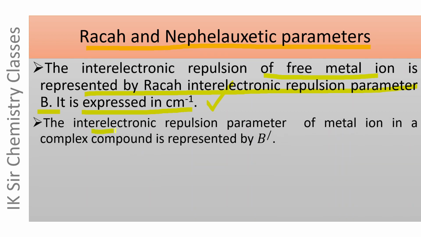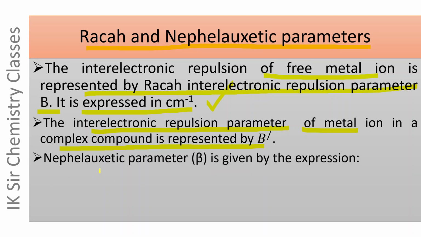The interelectronic repulsion parameter of metal ion in a complex compound is represented by B dash, and it is also expressed in the same unit, that is centimeter inverse.